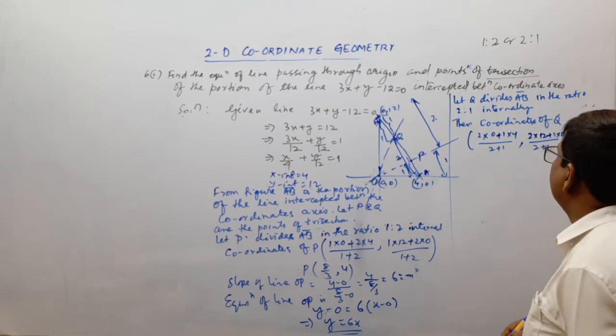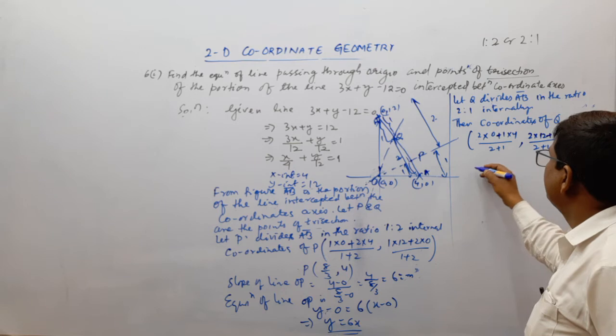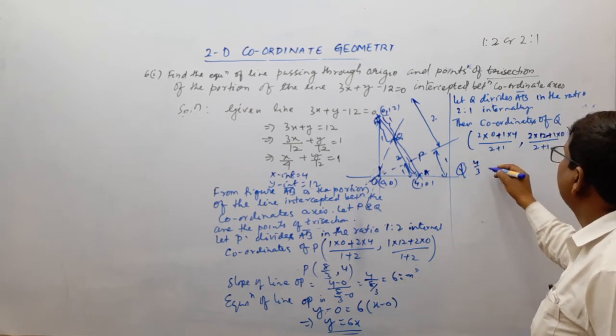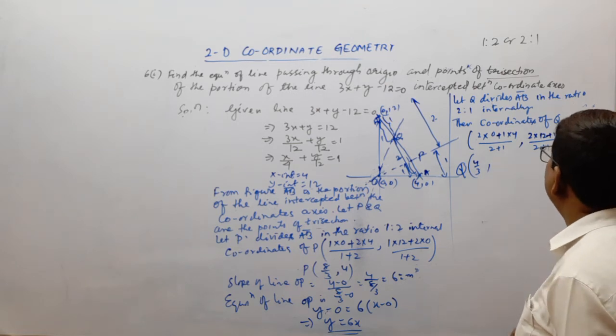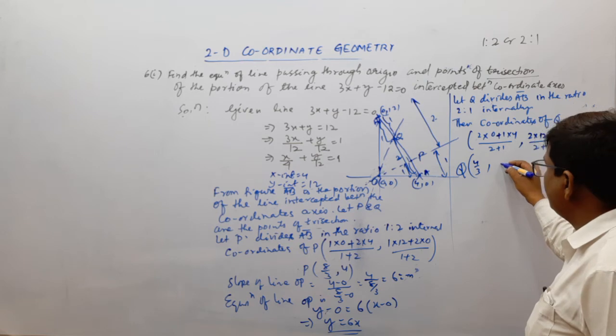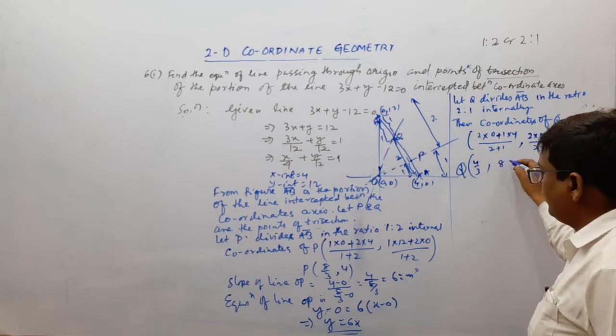Now this is 4 by 3, point Q is 4 by 3, comma, 24 by 3, that is 8. That is 4 by 3, comma, 8.